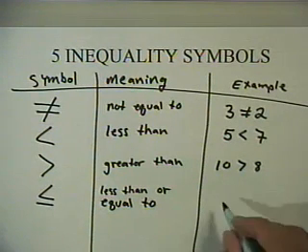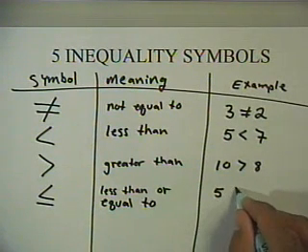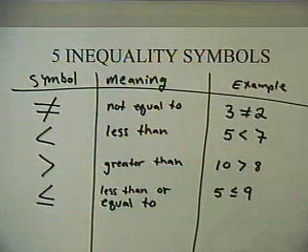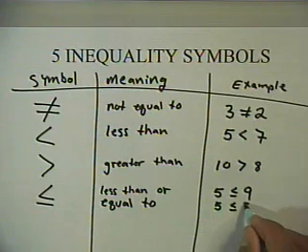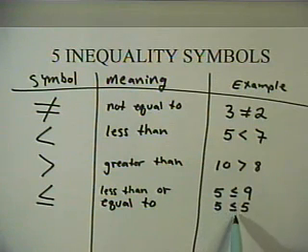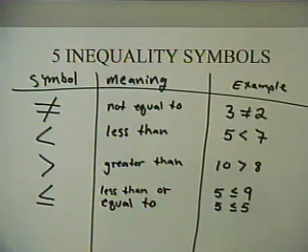We'll do a couple examples. 5 is definitely less than or equal to 9. That is a true statement. How about 5 is less than or equal to 5? That also works, because 5 certainly is equal to 5. So 5 is less than or equal to 5. This is a true statement.